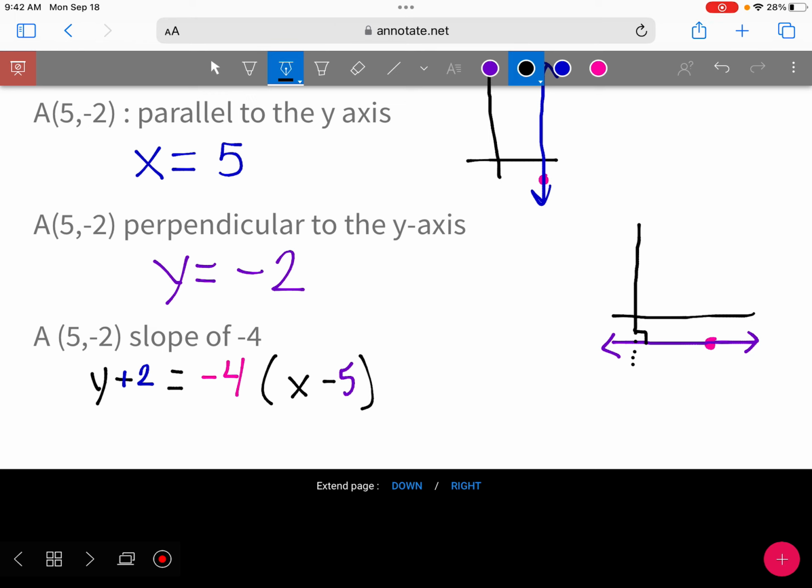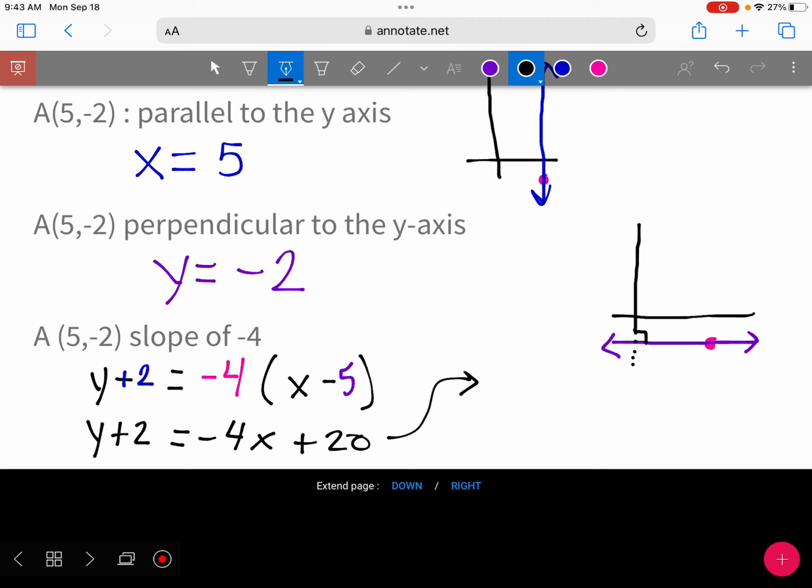So how do we get this into general form? Distribute. So we have y plus 2 equals -4x plus 20. I need my x and y on the same side. So what are we going to do? I want x and y together.